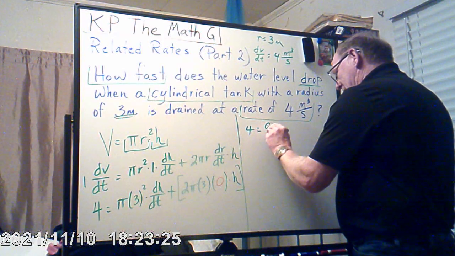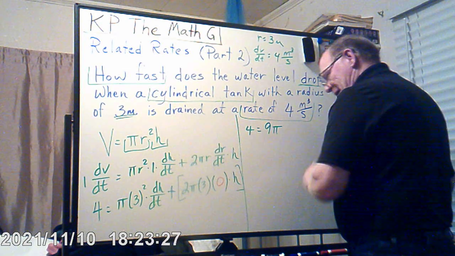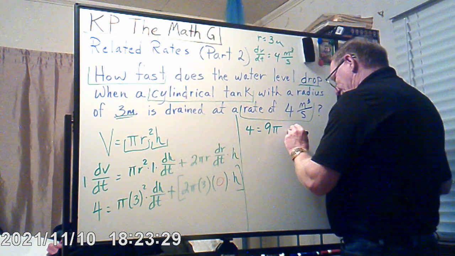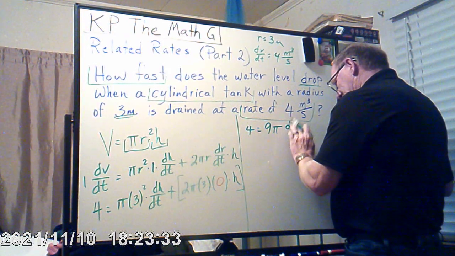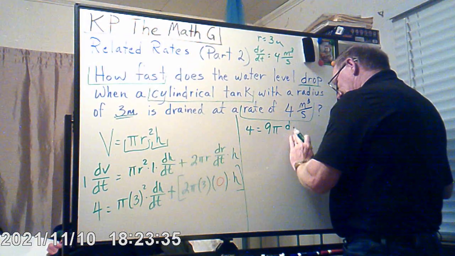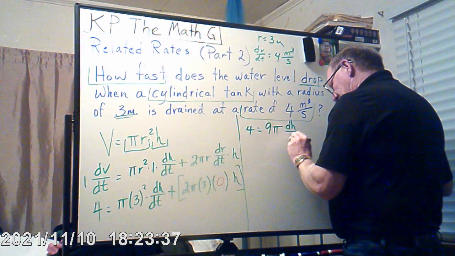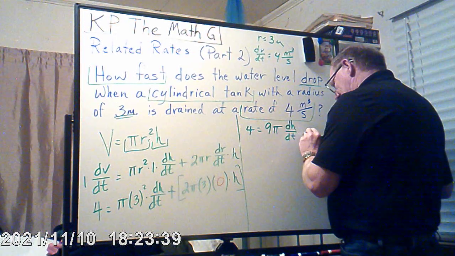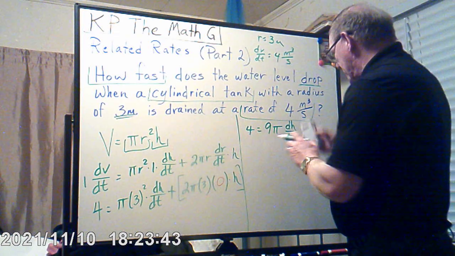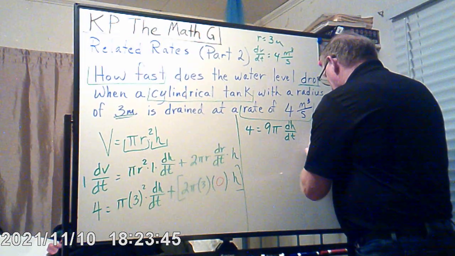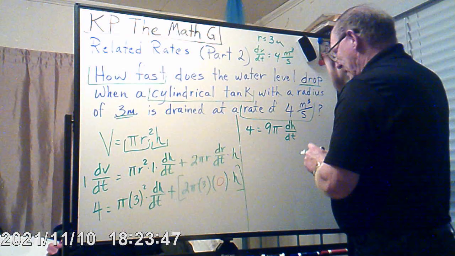So 9 pi dh over dt. And remember, this is plus 0, so we really don't need the plus 0 there, but just for emphasis, I'll just put that there.